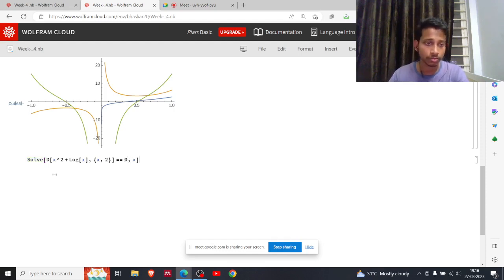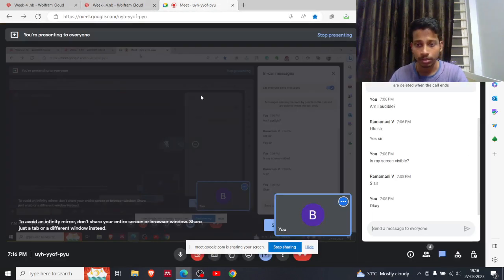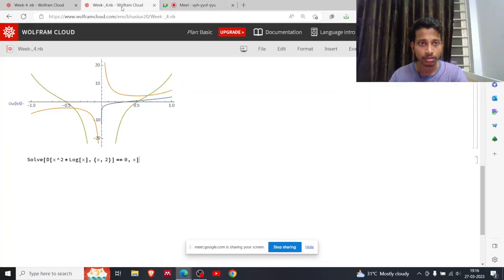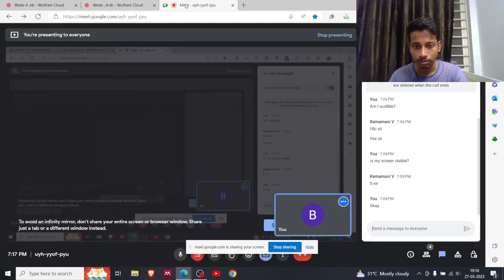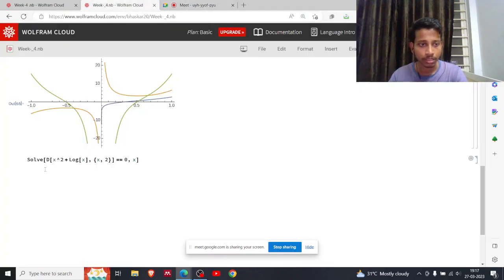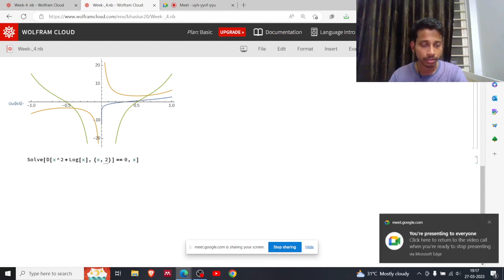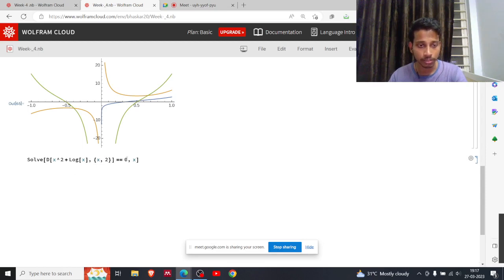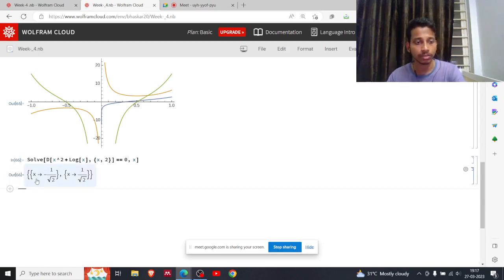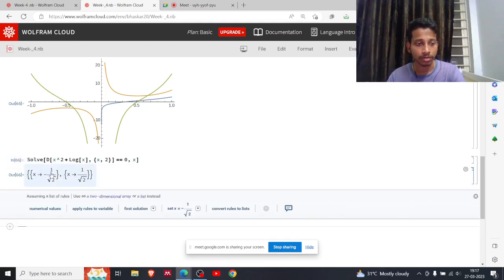Here the first thing is the derivative. We are taking the derivative of this function, x square plus log x. We are taking the second derivative of it, and then that equation is equal to 0. Then we are solving it for x. So we are getting two roots, that is x equal to minus 1 by root 2 and x equal to 1 by root 2.